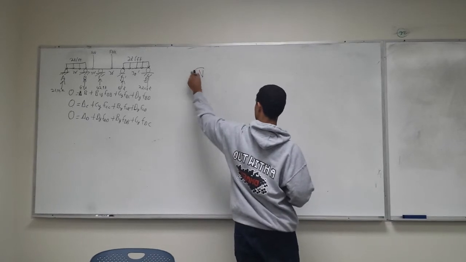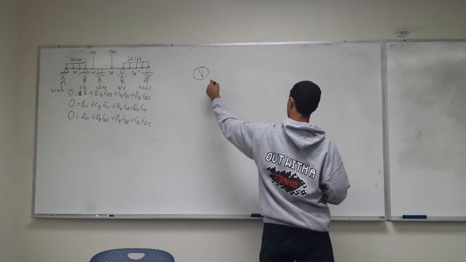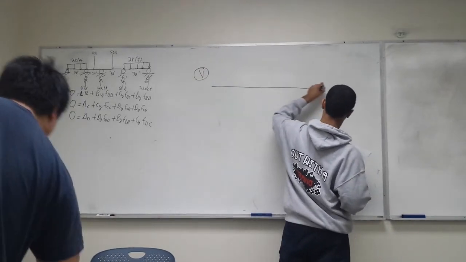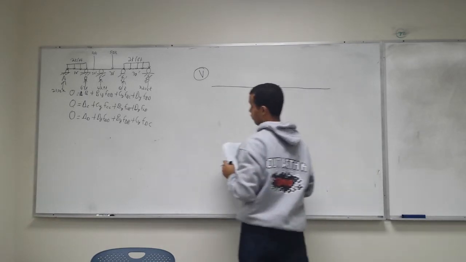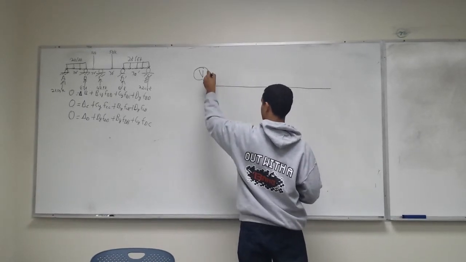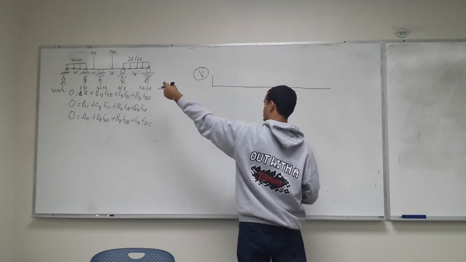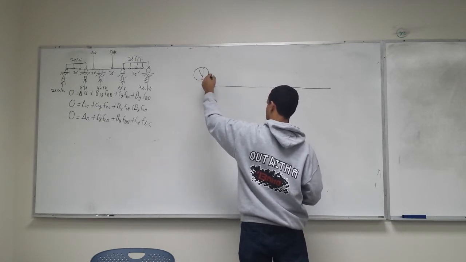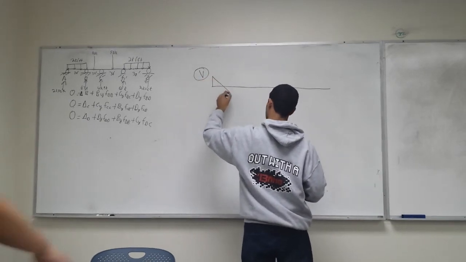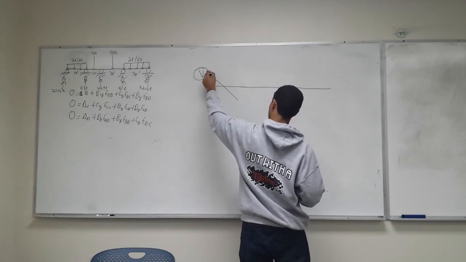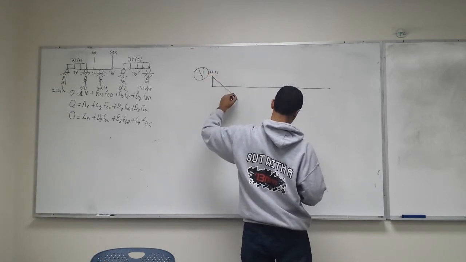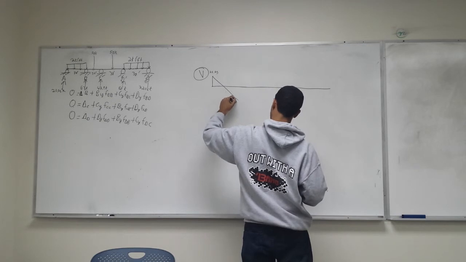For our shear, we have starting from 23.05. We see that there's a rectangular distributed load, so it's going to change linearly. It's going to bring it from 23.05 all the way down to negative 36.95.